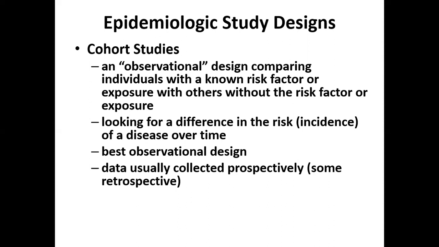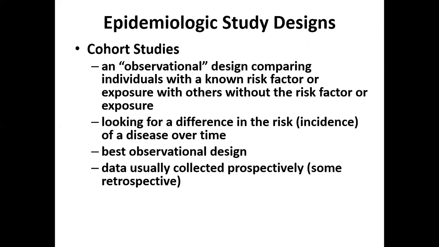Also, we can know the difference in risk. This is called incidence, the difference in risk of a disease over the time we'll be following these individuals. Here we can calculate the incidence, not the prevalence, because we will be calculating the newly diagnosed patients.